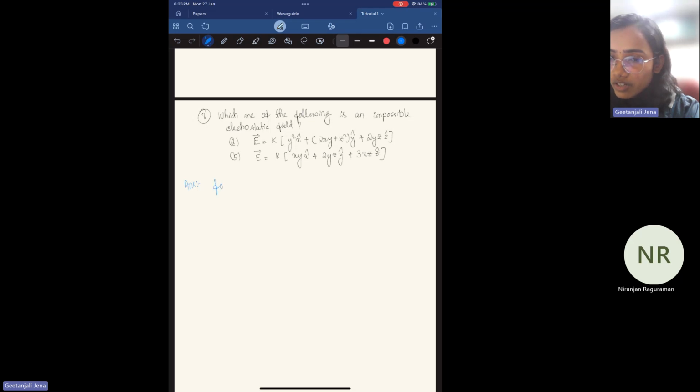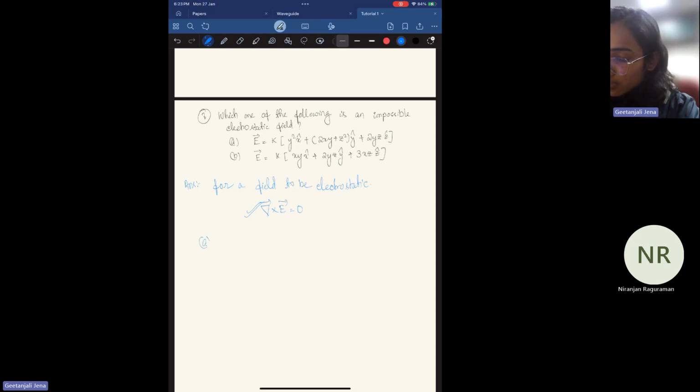For a field to be electrostatic, we have curl of E, it should be equal to 0. And another is the path integral around the whole path, it is also 0. But that is not required here. So let us see which one is following this condition for a field to be electrostatic.